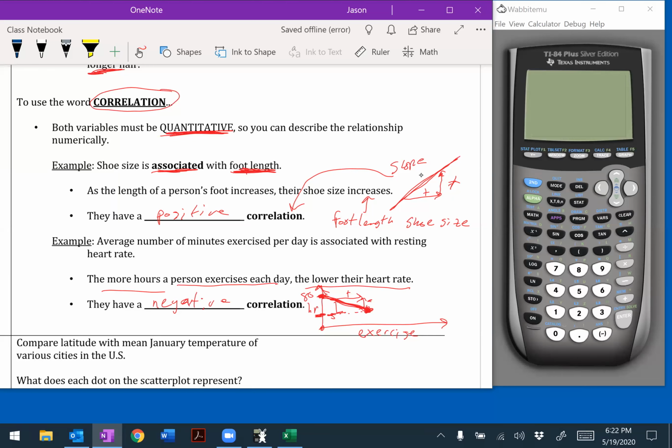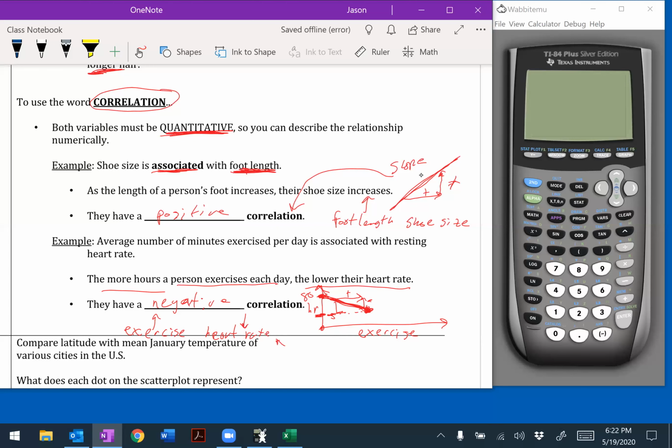Okay, so as exercise increases, heart rate decreases, right? So it's an opposite relationship. We call this an inverse relationship. Okay, it's inverse. As one goes up, the other goes down.